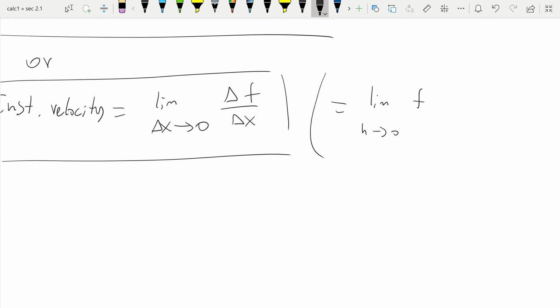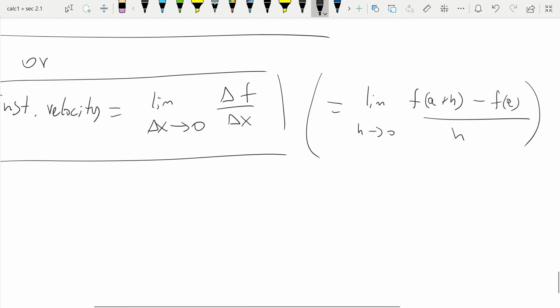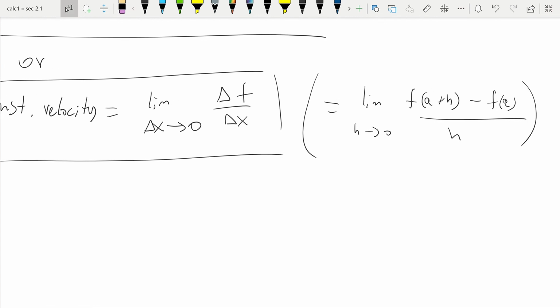This is in parentheses: limit of f of a plus h minus f of a, all of that divided by h. This expression here will be used later.